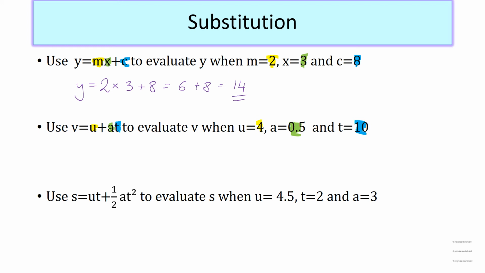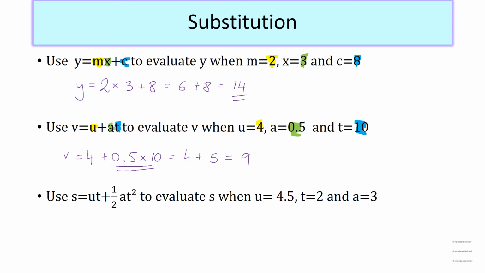So now I'm going to rewrite it. So that's v equals u, which is 4, add a, which is 0.5, times t, 10, because remember at means a times t. We need to remember about BIDMAS. I need to do multiplication first. So that's 4 plus, now 0.5 times 10 is 5. And then 4 plus 5 is 9.